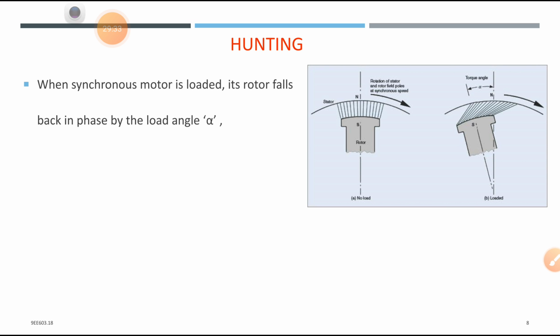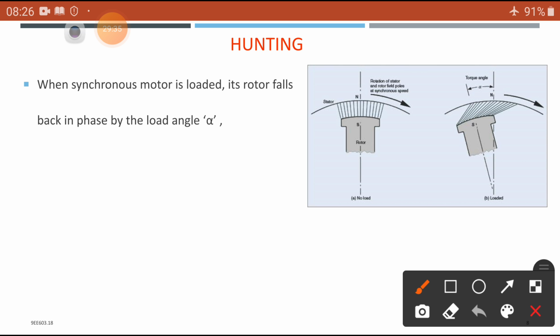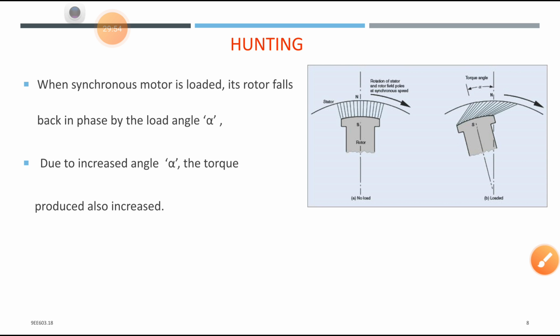During this period you can see some shearing takes place between the stator magnetic field and rotor magnetic field. When the motor is loaded, its rotor falls back in phase by the load angle alpha. Due to increased alpha, the torque produced also increases, because T is directly proportional to sin alpha.